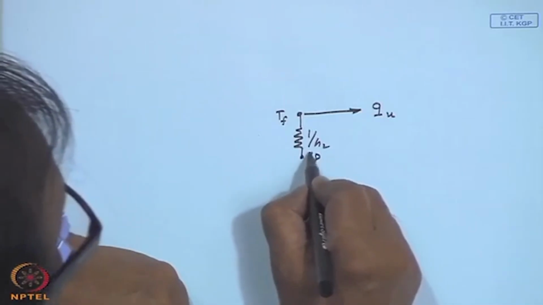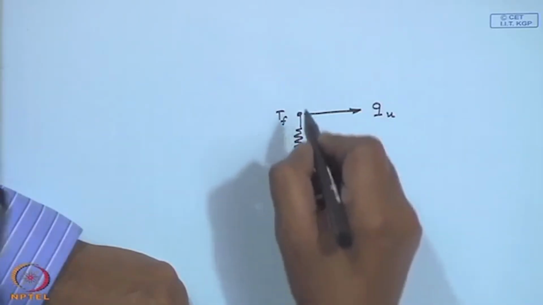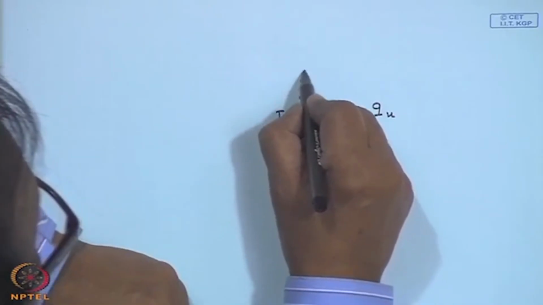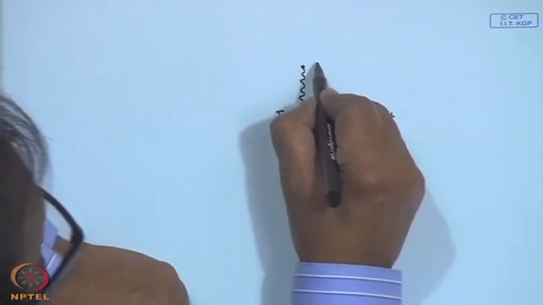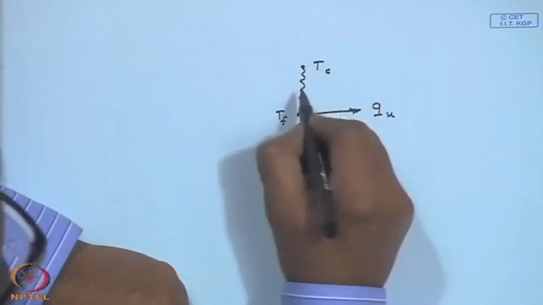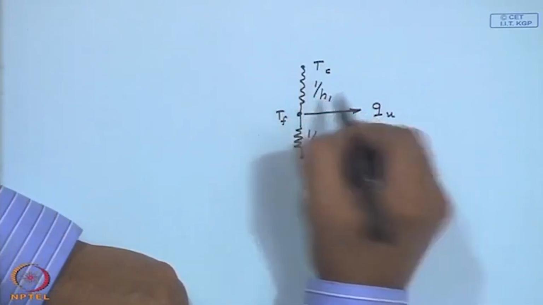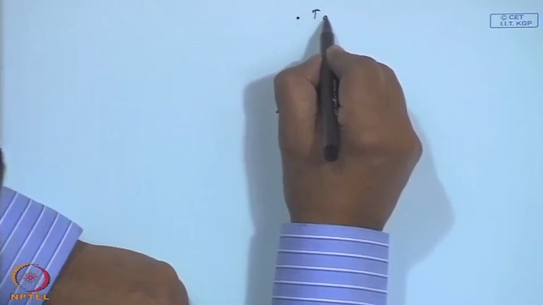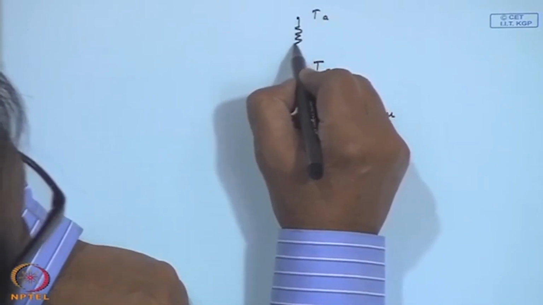Then from here to T c, the cover temperature, with 1 upon H 1 as the resistance, and then T a with a resistance of 1 upon U t.